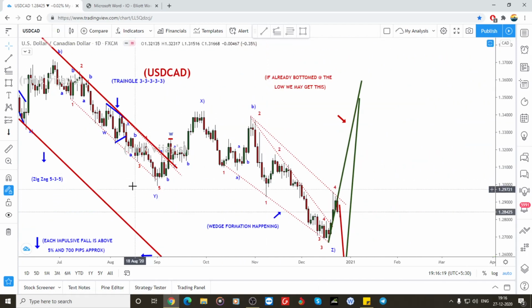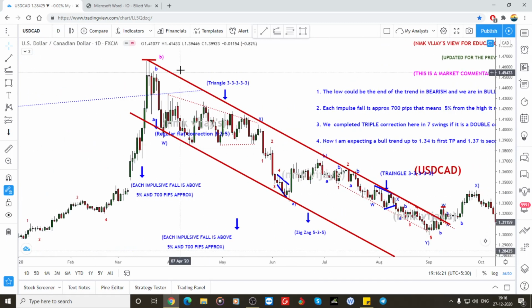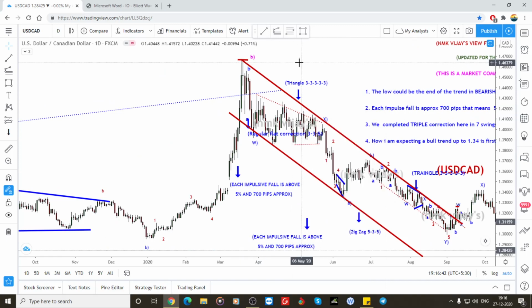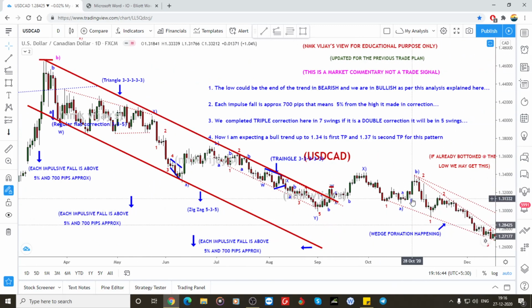Here is one more channel, perfectly hitting the top, and every time it's rejected, but you need to work with the major Elliott waves after this. Then only use these as tools. Don't trade according to these channels or trend lines. It may sometimes help and it may not, because sometimes it will break.